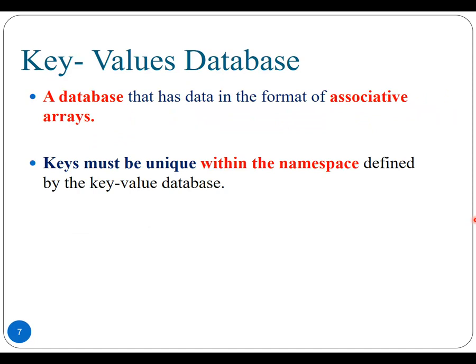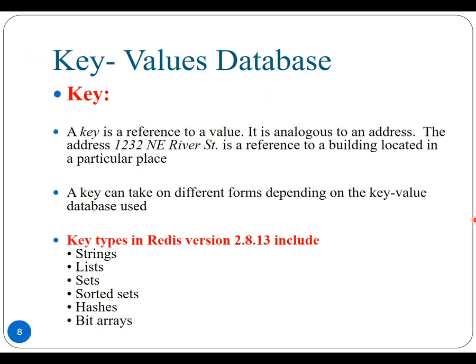Okay, in the key value database, the key value is something like the associative array. The key is a reference to a value, and in different databases we have different types of keys.